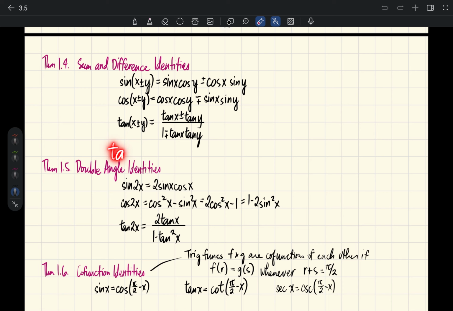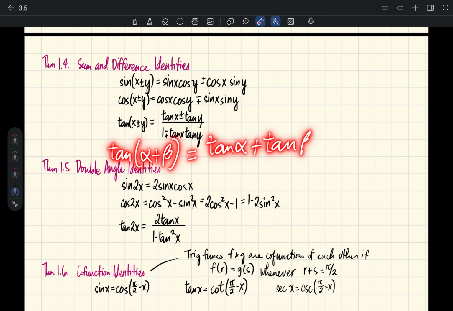So, you have tangent of alpha plus beta equals tangent of alpha plus tangent of beta all over 1 minus tangent alpha tangent beta. And based on our groupings that we did, we already have the one in the numerator. And the one in the denominator is similar to this one.